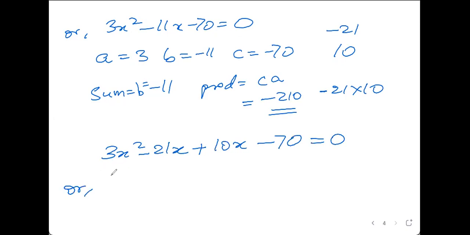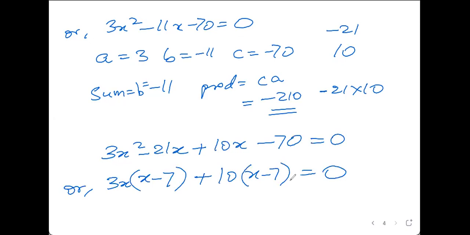Or if you take 3x common, we are left with x minus 7, plus if we take 10 common, we are left with x minus 7 equals 0.